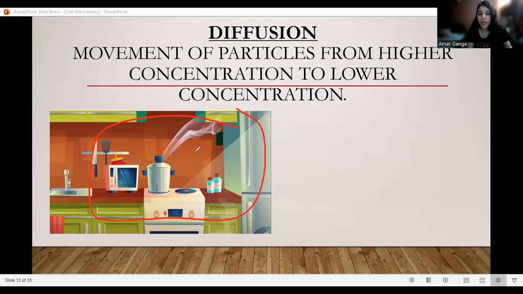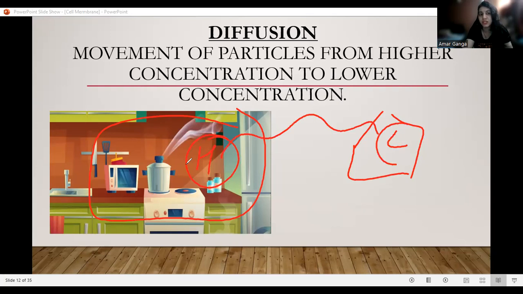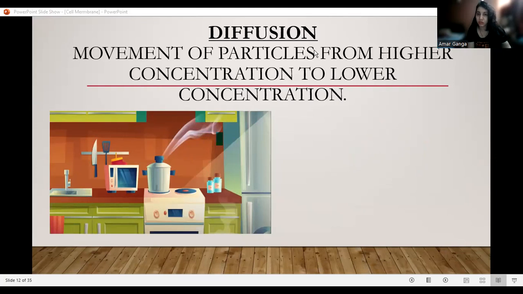So here you can see the higher concentration, and you are here in this room. Particles are moving from higher to lower concentration. That is known as diffusion. I hope this point is clear for you all. The definition is movement of particles from higher concentration to lower concentration. That is known as diffusion.